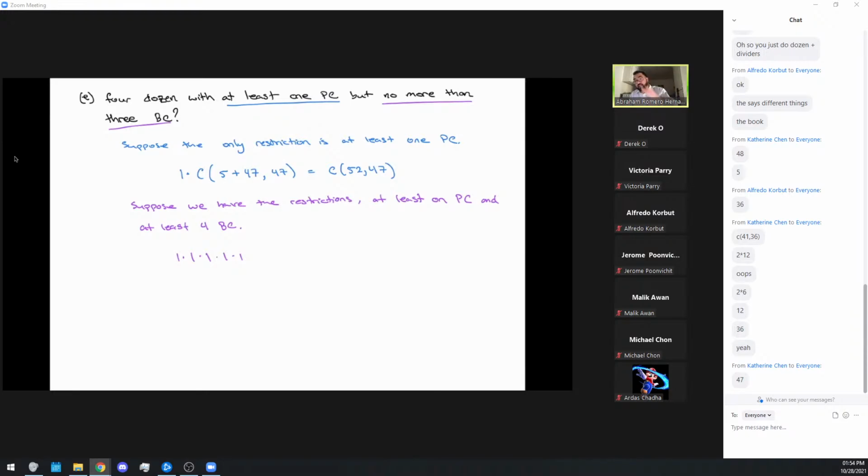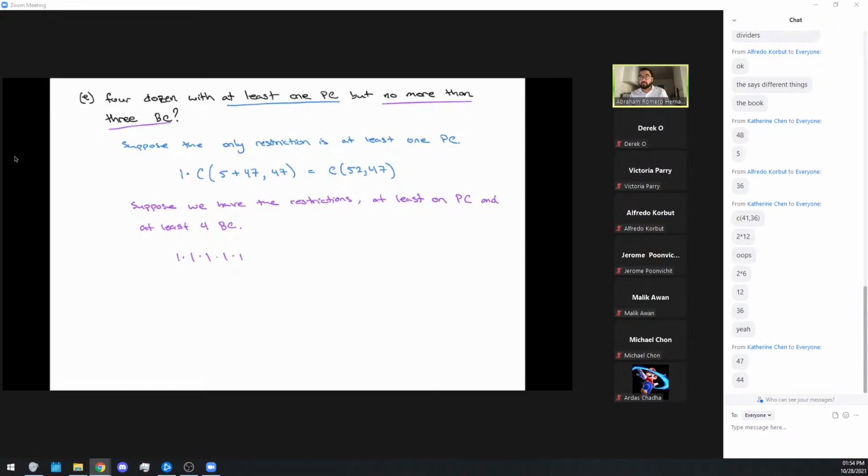So how many more do I need to select? If I still want 4 dozen, because I do, 44. So another way I could view this is 44 croissants plus the dividers. So 44 plus 5.